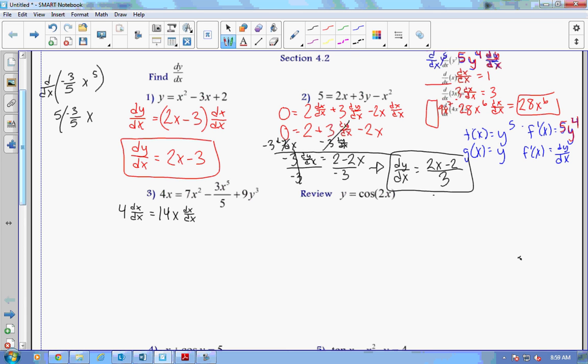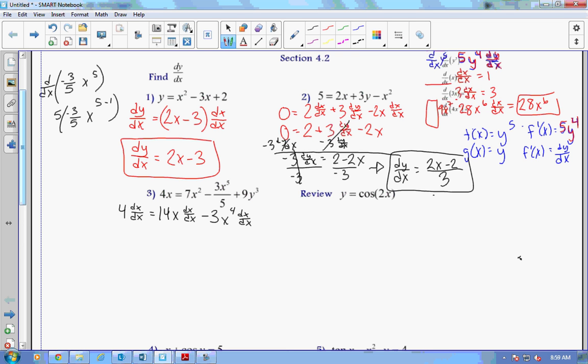And then we have to subtract 1, right? Okay, so we would get x to the 4th. There you go. When they have the fraction like this, where the x is part of the fraction, I would just rewrite it with the negative 3/5 outside. It helps my brain definitely to see it outside versus a part of the x.